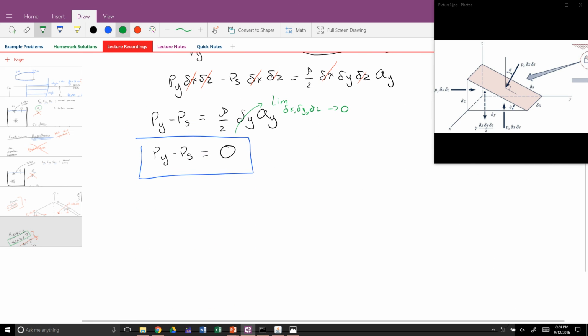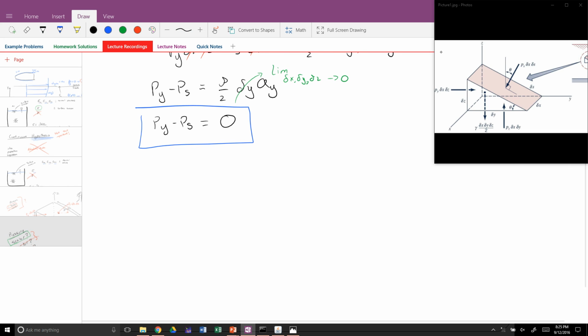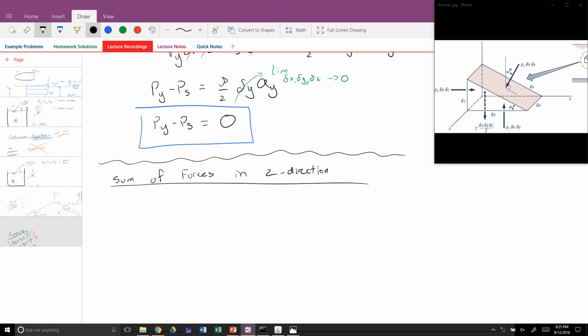Now, we showed this without even having to deal with the sum of the forces in the z direction, but we're going to go through that process just to be thorough. So, once again, sum of F_z is equal to delta m a_z.